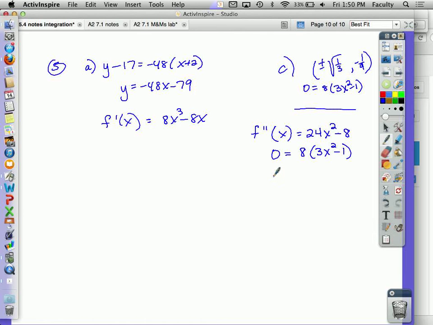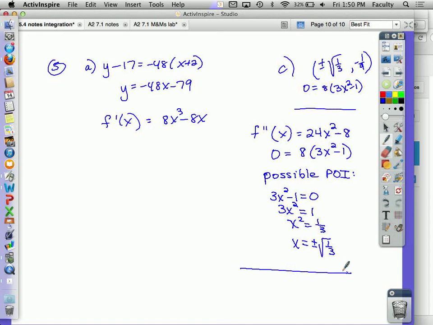To find the possible points of inflection, you set the second derivative equal to 0. So I set 3x squared minus 1 equal to 0. So I add 1, divide by 3, and x is plus or minus the square root of 1/3.